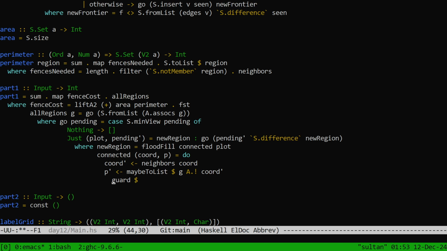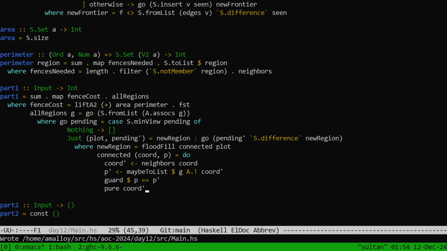And then we can just say guard that P equals P prime. And then return coordinate if all of that was true. This is not the prettiest thing anyone has ever written. But I think it like sort of makes sense.